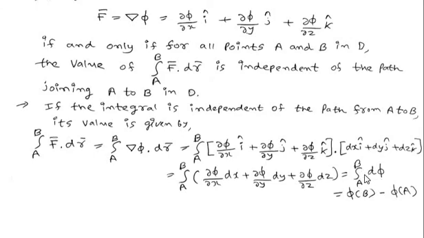Now the integration of 1 with respect to phi is phi, right? And if you put in the upper limit and lower limit, it becomes phi b minus phi a, right? So if the line integral is independent of path, then you can directly find the line integral with this concept.